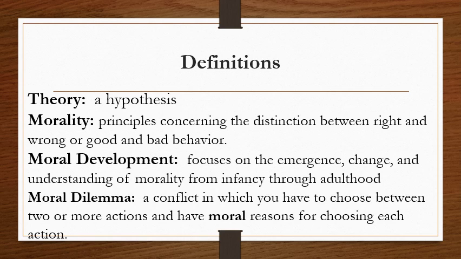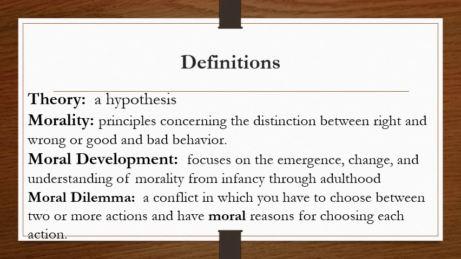So let us clarify some terms here. We have theory, which is basically a hypothesis, and we have morality, which are principles concerning the distinction between right and wrong or good and bad behavior.